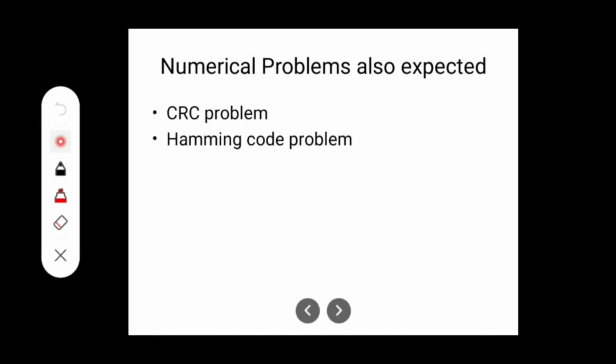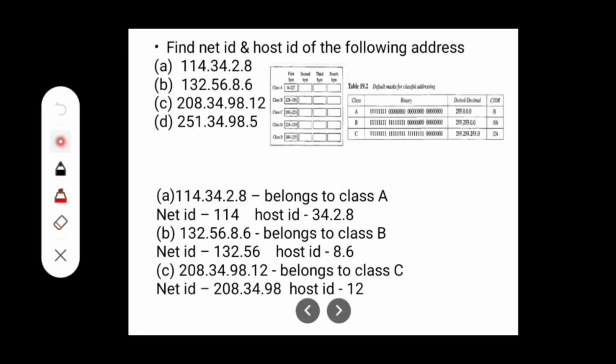Next, numerical problems can occur from CRC, and you also have to go through the Hamming code problems. Clear? Kindly go through all these problems. This will be an IP related question, a sure short question for tomorrow's exam.